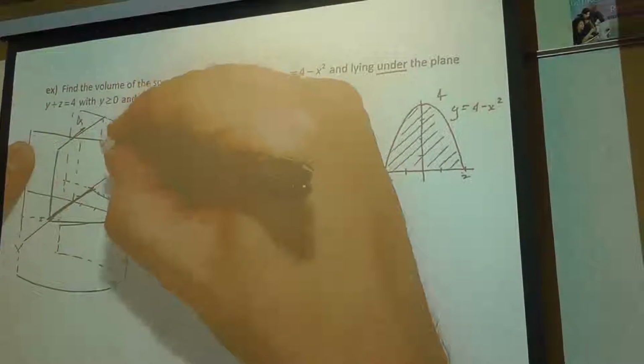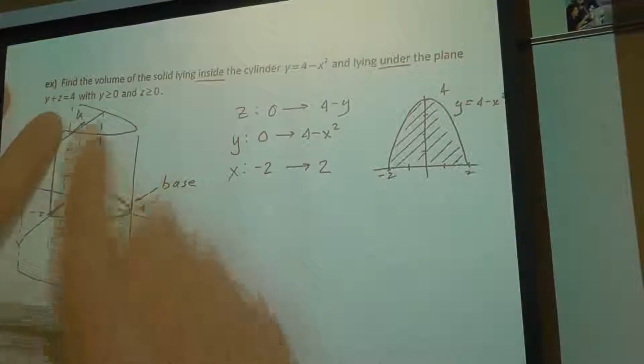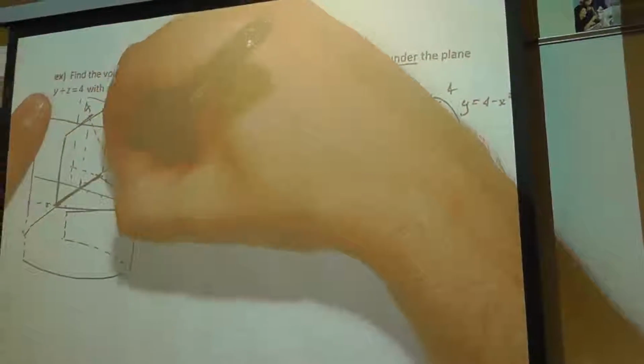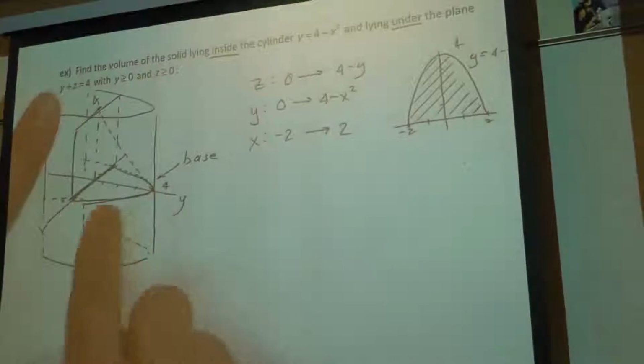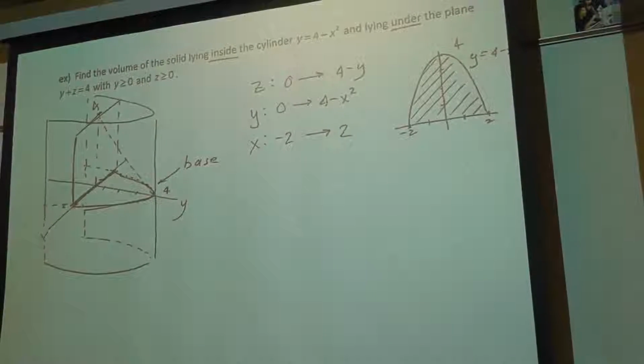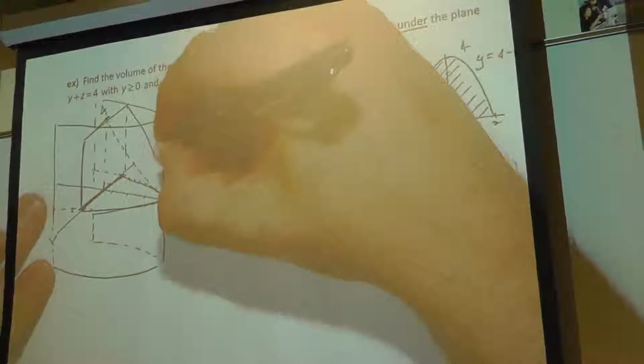That plane goes from a z-intercept of 4 to a y-intercept of 4, so it's kind of like a triangular connection right there. It would connect down here like this. And this cylinder that cuts the walls of the solid would wrap sideways up into that plane to give you something that looks like this on the top.